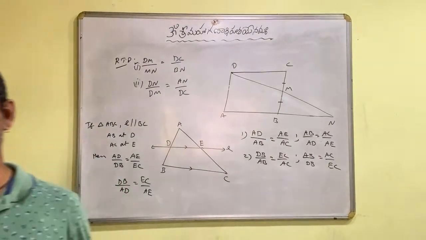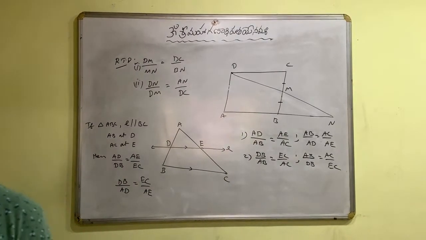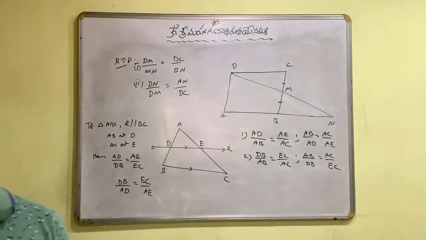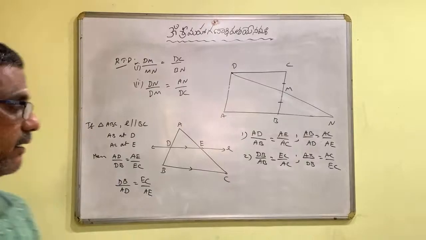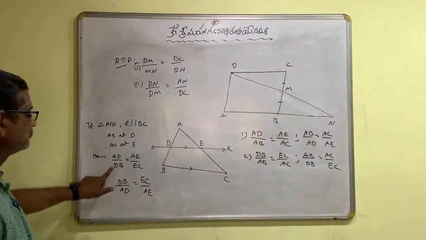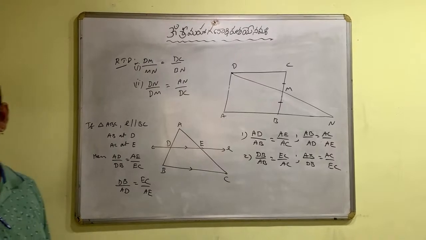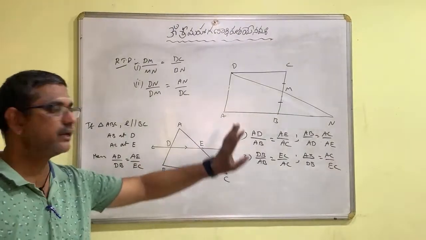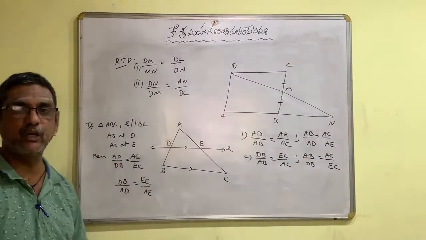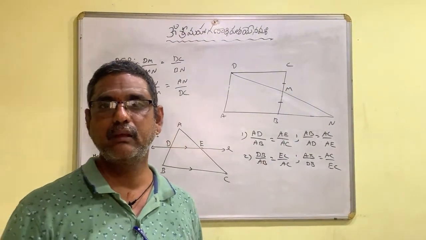All these 6 ratios are equal. You have to keep these 6 ratios in your mind in problem solving. Whenever you want to apply basic proportionality theorem in problem solving, you need to keep all these 6 ratios in your mind. For all these 6 ratios, the reason is basic proportionality theorem only. That is the reason.